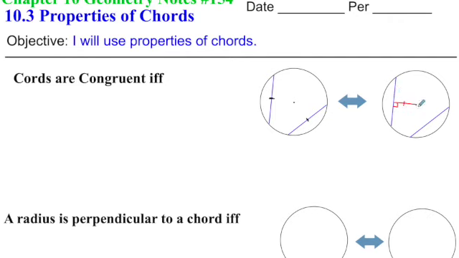Now, that distance would be the same as the distance over here. Okay, and let's just write that down. Congruent chords, if and only if they're the same distance from the center. They are the same distance from the center.